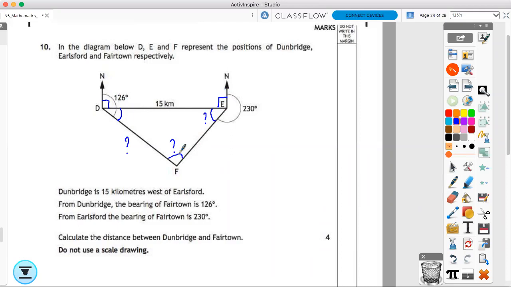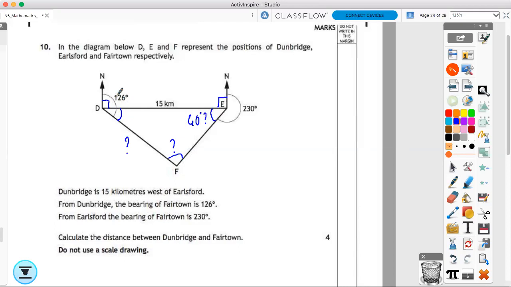So let me do the first one: 230 plus 90 on the other side, minus 360. So you said this angle would be 40. Yeah, so 40 degrees for that angle.